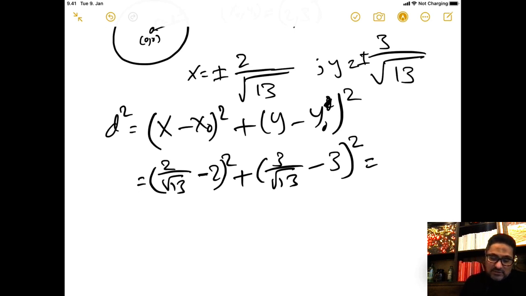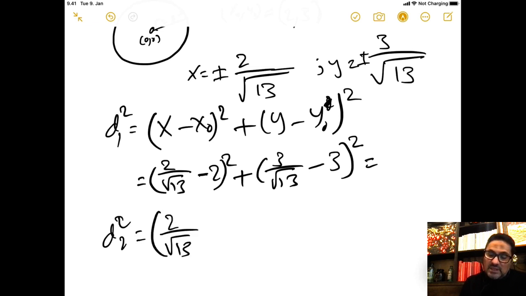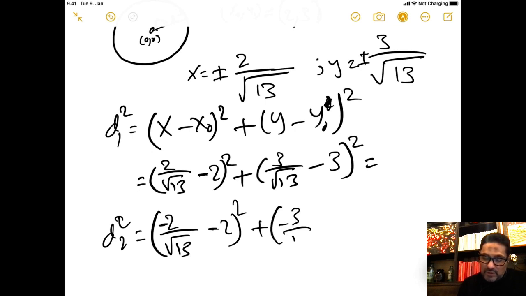So in the negative sign, d squared, this is d1 for example, d2 is equal to minus 2 divided by square root of 13, so it becomes minus 2 squared, plus minus 3 over square root of 13 minus 3, squared.